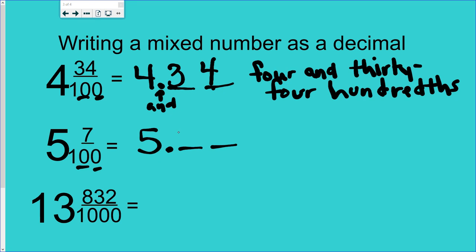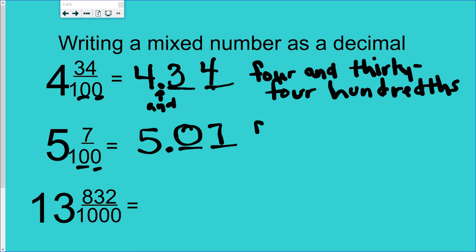So would your 7 go here, or would your 7 go here? Well, because it's 7 hundredths, it would have to go in the hundredths column. And then what number do you think goes here? Well, if I have 7 pennies, how many dimes do I have? 0. So I put my 0 in there. And I have 5 and 7 hundredths.